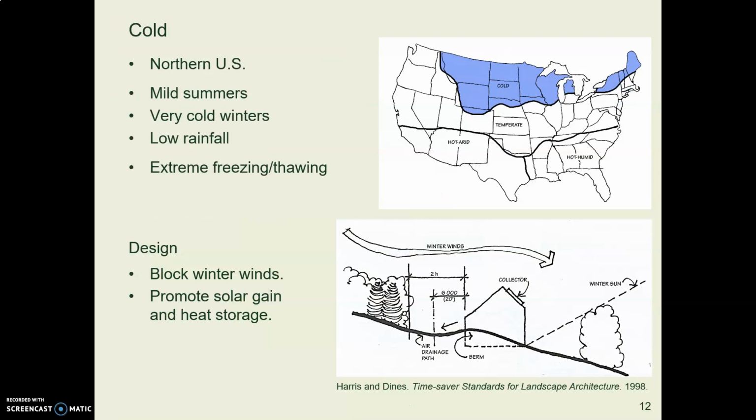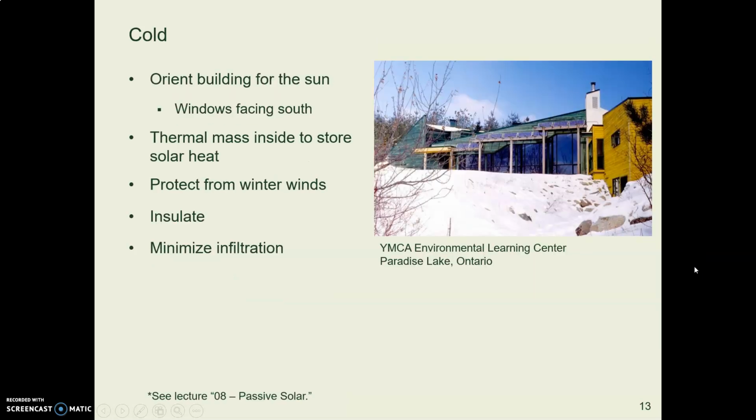Up in the northern U.S., it's cold. Summers are not cold, they're kind of mild, but in the winter it's very cold, and you get extremes of freezing and thawing, so there are issues with your foundation. There are cold winds that blow across, so you want to do what you can to provide windbreaks to block those winds, and you want to do everything you can to let sunlight come in.